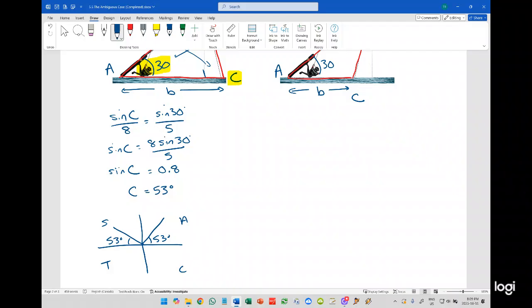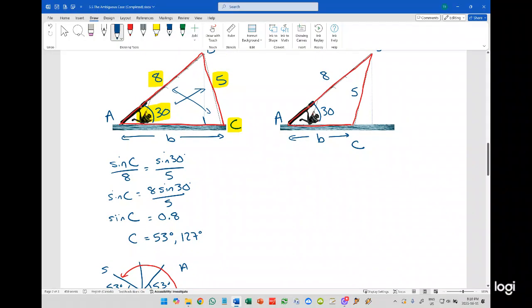And if I do that, that's actually 180 minus 53, which is 127. So C is either 53 or 127 degrees. And as it turns out, both of those are valid.